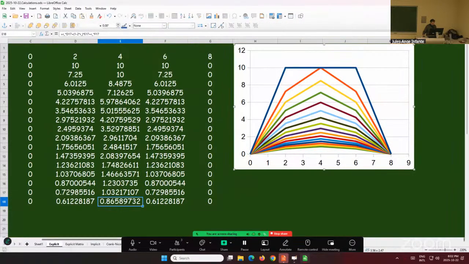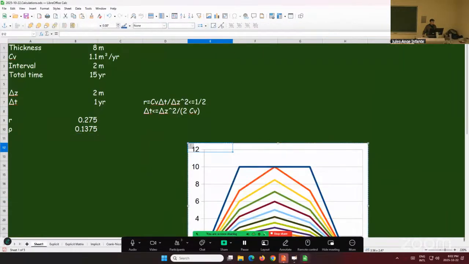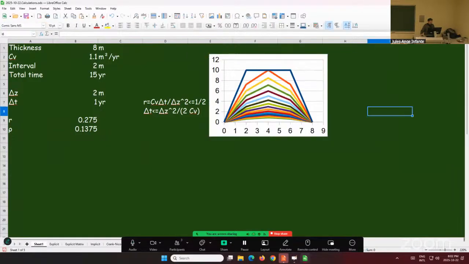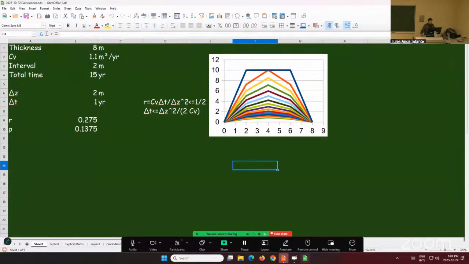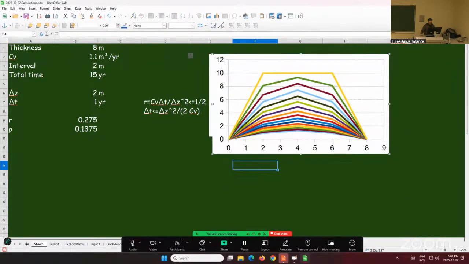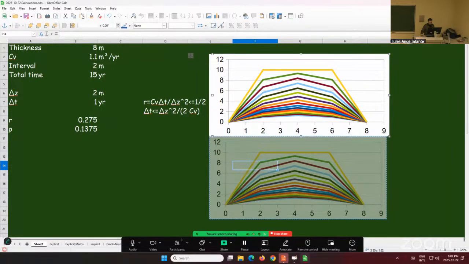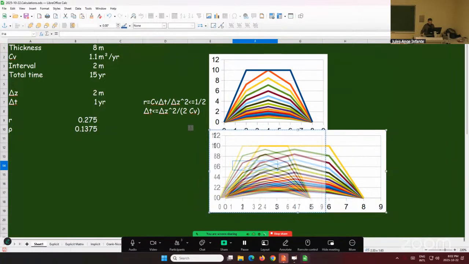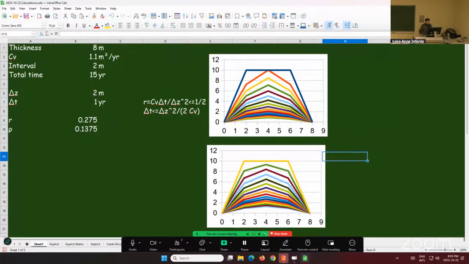Let's put our figures together. They're the same size. That's it. Crank-Nicholson.